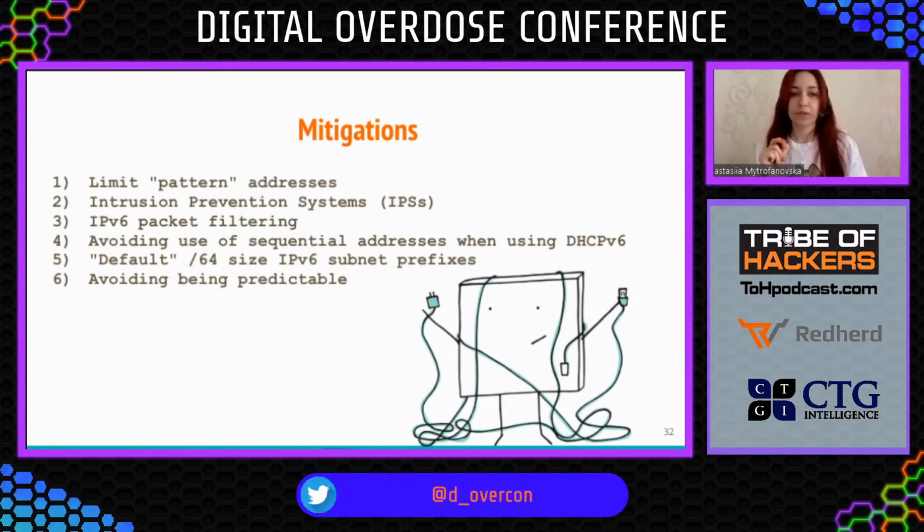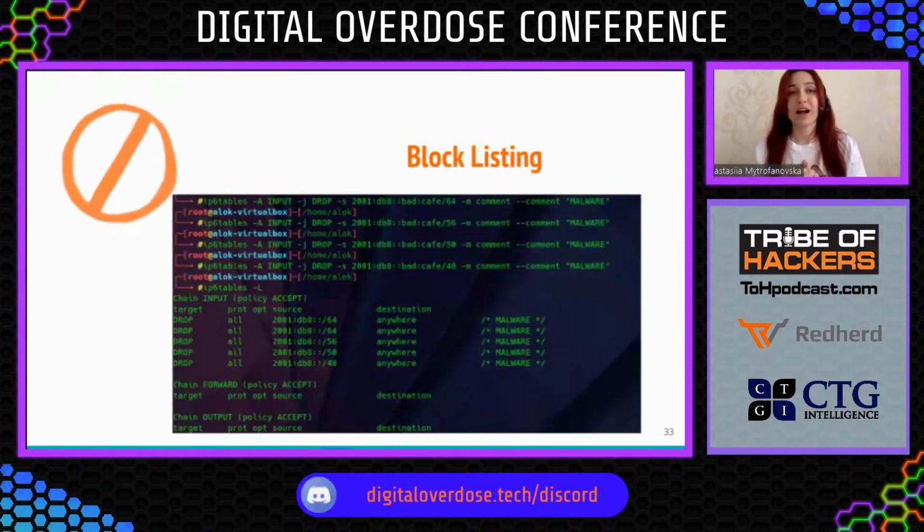Ideally, the DHCP server would allocate random addresses from a large pool. Also, you can use the default 64 size IPv6 subnet prefix just to make life harder for attackers. And in general, you can just avoid being predictable in the way addresses are assigned.